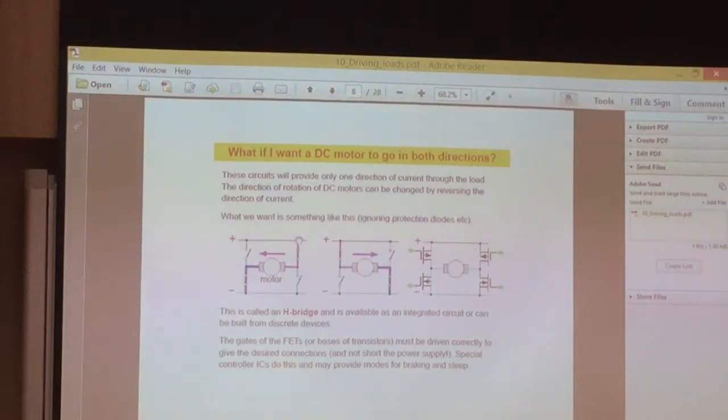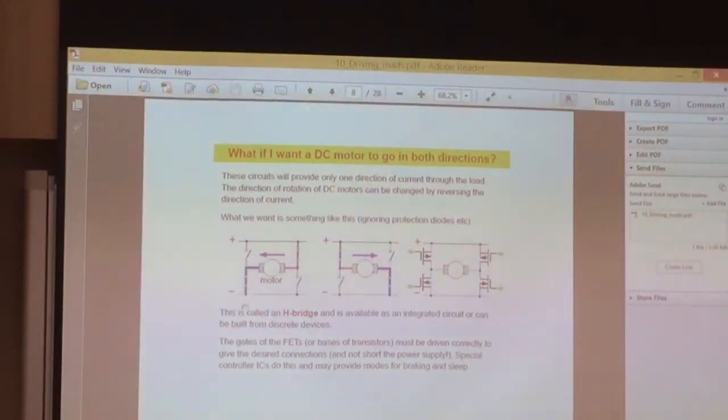Then you have a current flow from here in this direction. At the other point, this MOSFET is off, this one is off, this one is on, this one is on. Then you have a current flow from VDD in the other direction. So if you compare these two cases, the current is actually flowing in different directions.